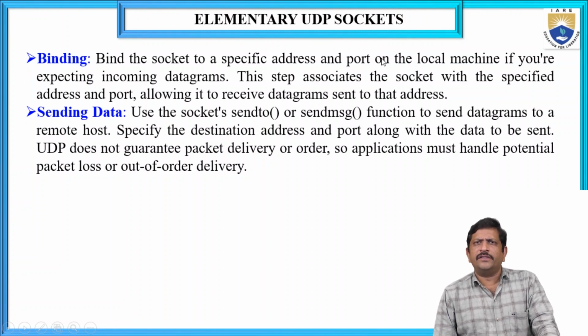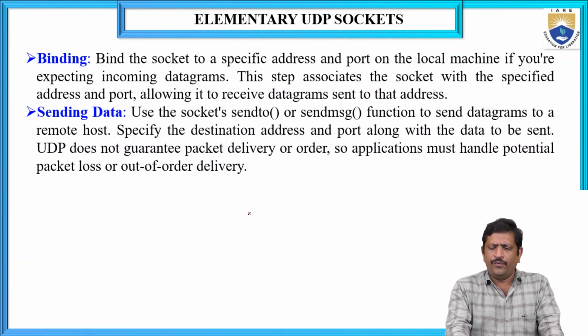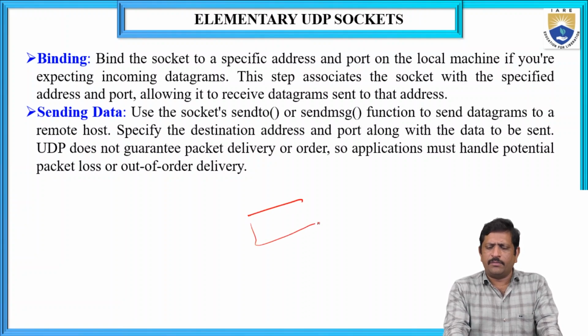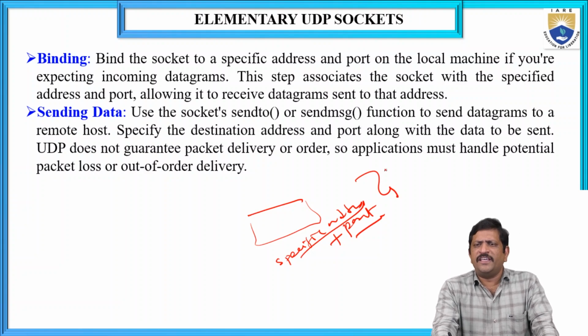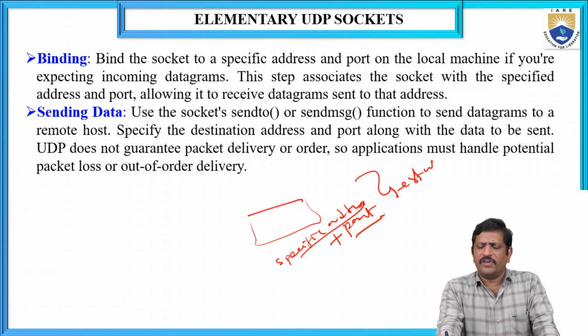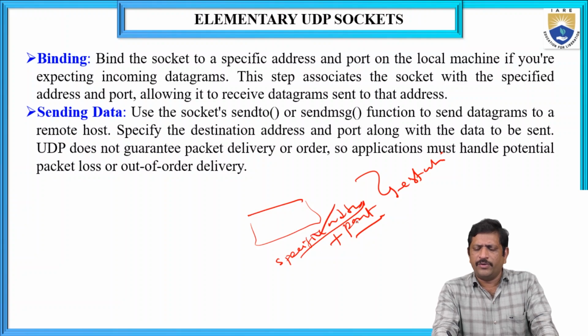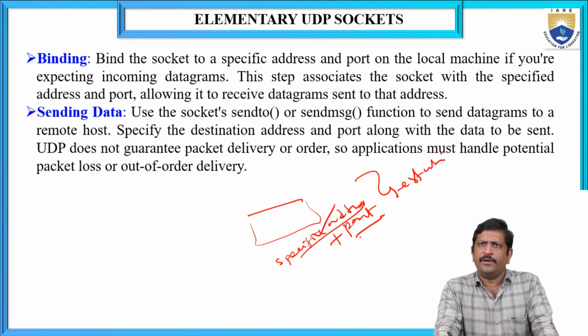If you see one computer system, it has a specific address and port number. With the help of this address and port number, we can establish the communication on a local machine.